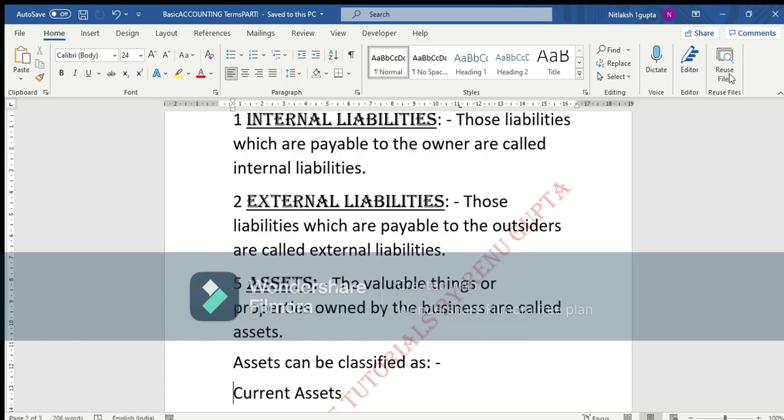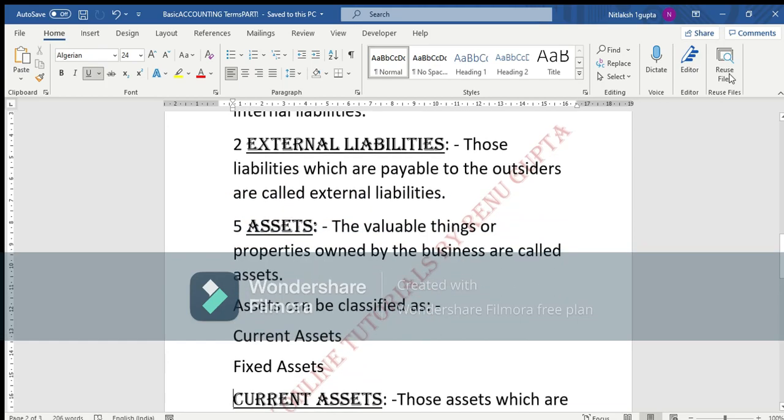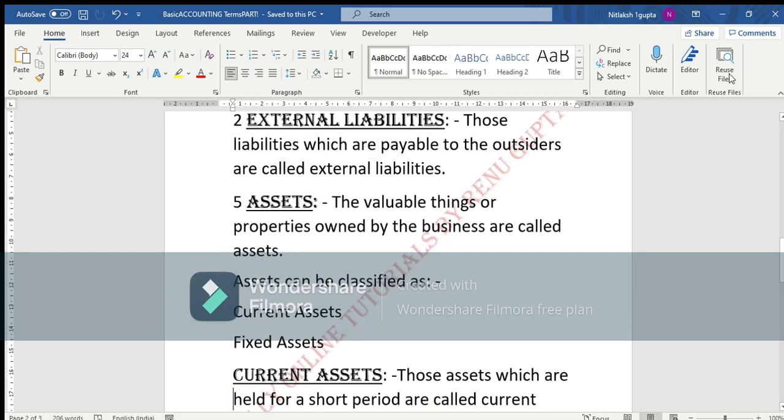Assets are the valuable things or properties owned by the business enterprise. There are different types of assets, for example, current assets and fixed assets.